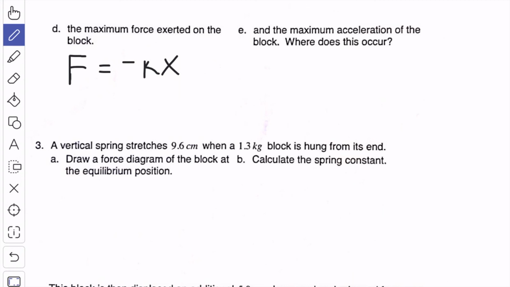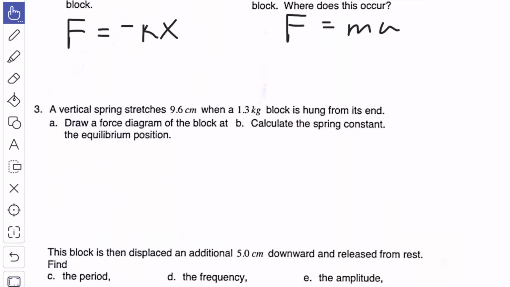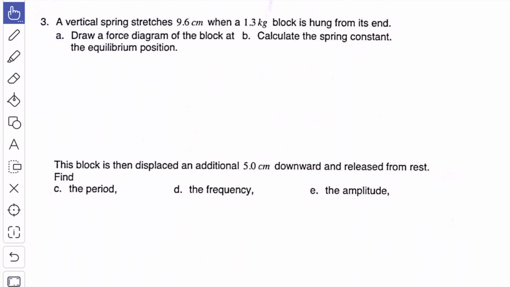So we'll calculate this when x is A. And then to find acceleration, well, what connects force to acceleration? Our old friend, Newton's laws, F equals ma. So those are the formulas you'll use to solve for D and E.